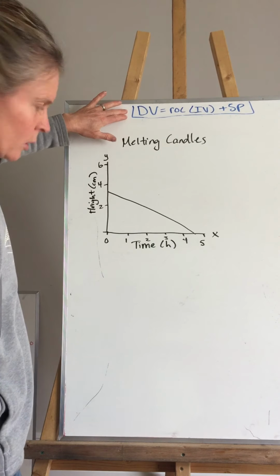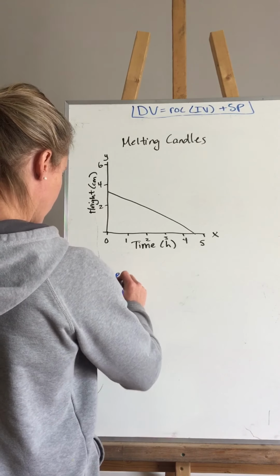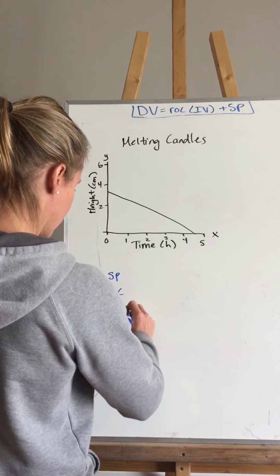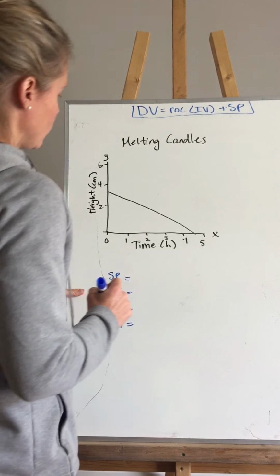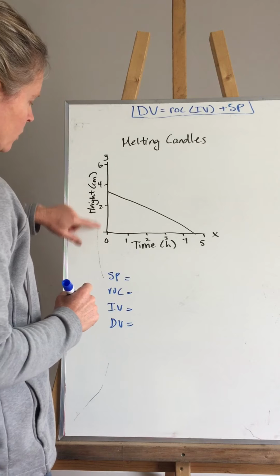So I've got my general equation here. I'm going to write down the components and fill them in: my starting point, my rate of change, my independent variable, and my dependent variable. This is a partial variation example because it's not starting at 0, 0.